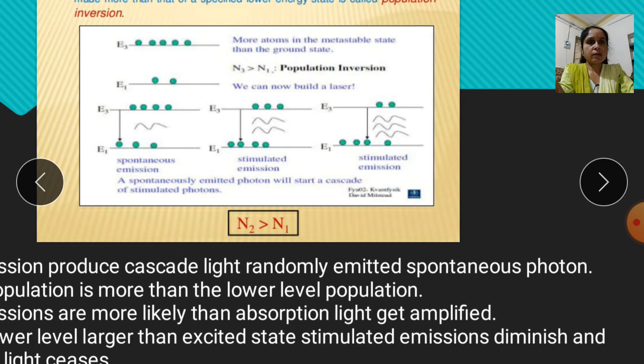That process will be metastable, meaning the metastable state is where the ground state is filled with the number of atoms present in that ground state. Now we will build the formation of population inversion, N2 greater than N1.